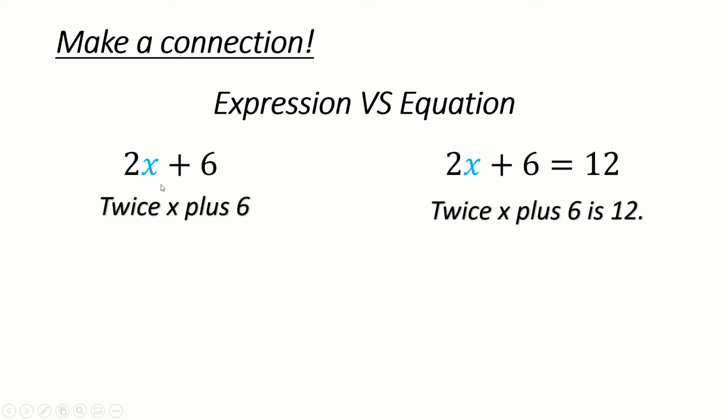For example, this one doesn't have an equal sign, but in terms of translation, we just say twice x plus 6. But it doesn't mention what is the exact value of this 2x plus 6. Unlike an equation, it conveys to us that the 2x plus 6 is exactly 12.